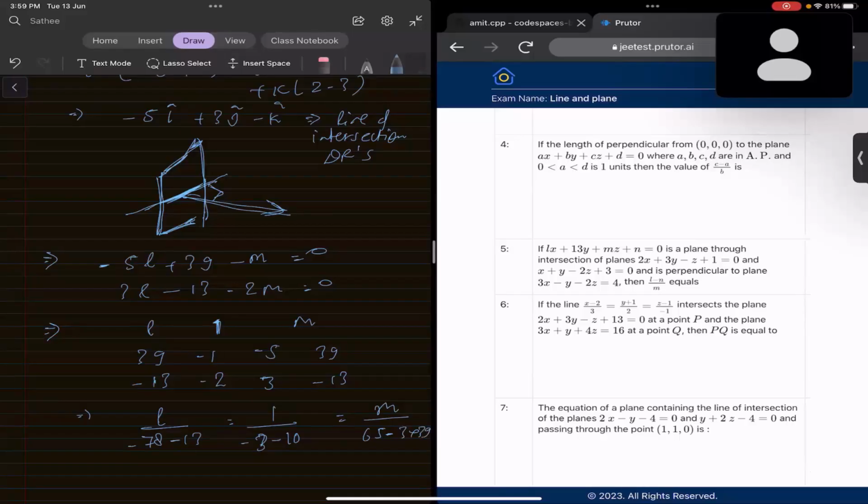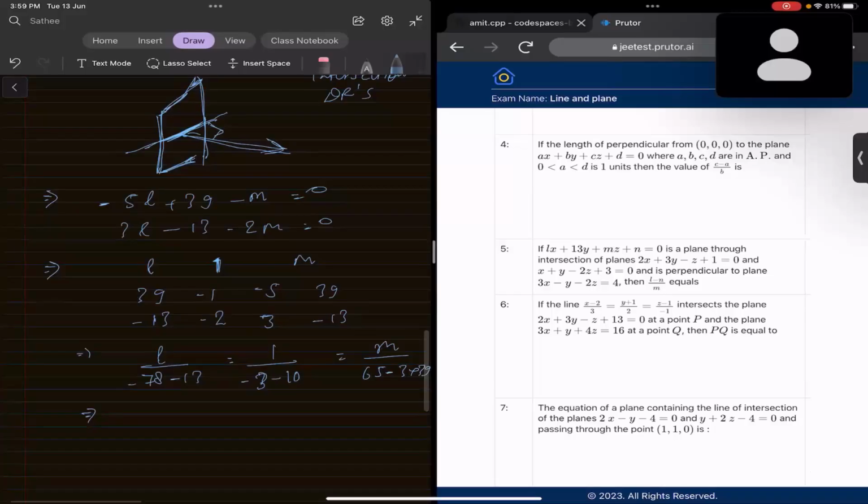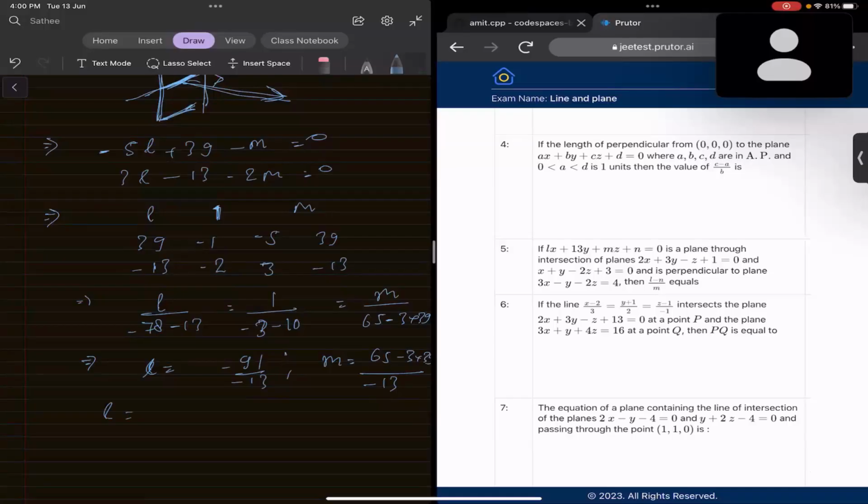If you compare, l equals -91 by -13, and m equals 65 minus 3 into 39 by -13. So from here we can say l equal to 7 and m equal to -5 plus 9, so m equal to 4.